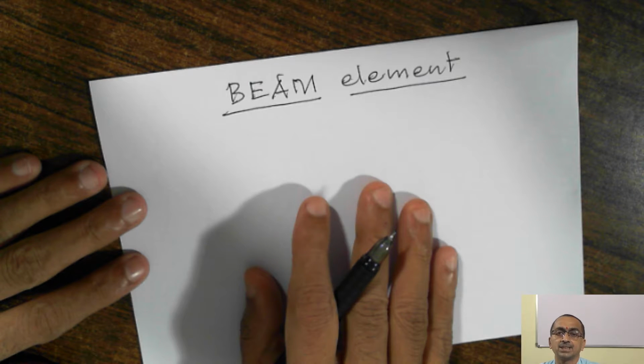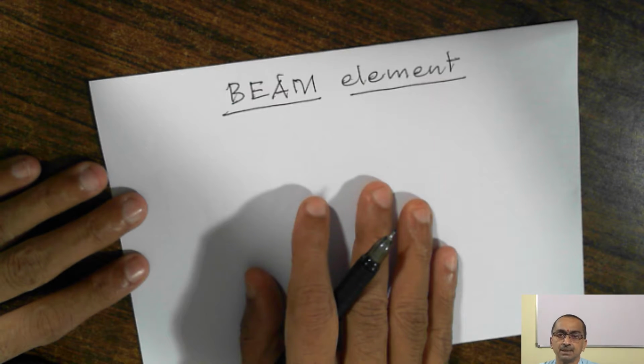All the continuous beams will be analyzed using the beam element method. So in this lecture, we will understand what a beam element is and how the beam element stiffness matrix can be generated.